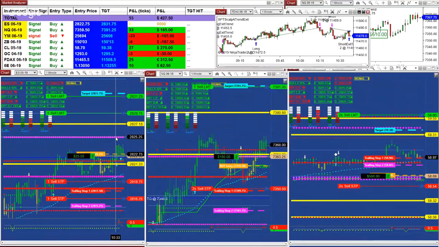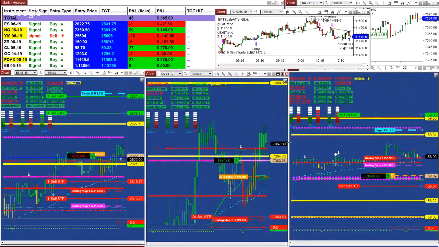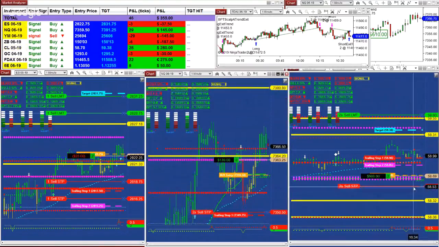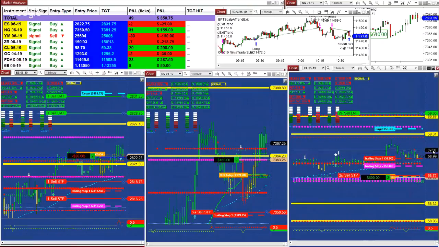So one of the things you can do, traders, let's say you are taking a trade and you have not closed it, or you have another option: if you are using the ATM strategy, we can always say right now we are on a free ride on the CL. It's not costing us any money. So no matter what this market is doing, we don't have any risk in there.